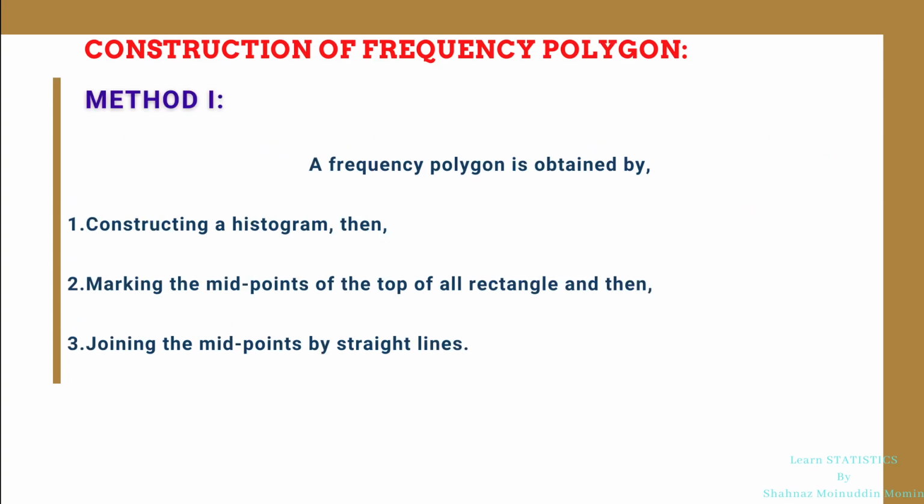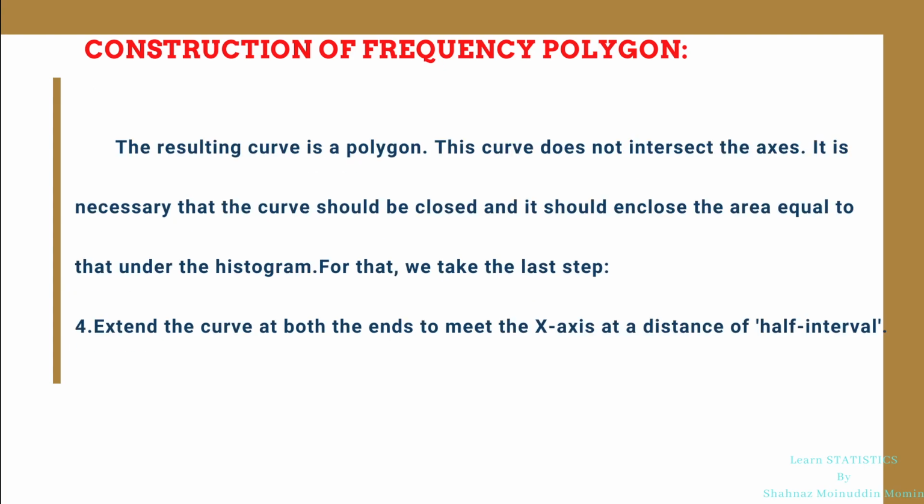Method number 1: the first step is to construct a histogram. The second step is to mark the midpoints of the tops of all the rectangles and then join the midpoints by straight lines. The resulting curve is the frequency polygon.